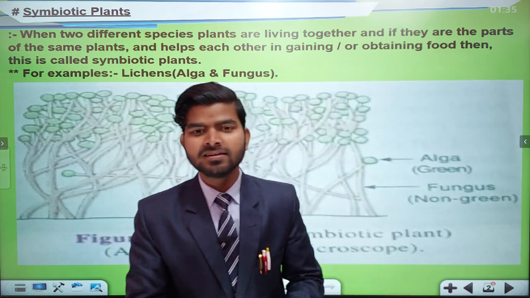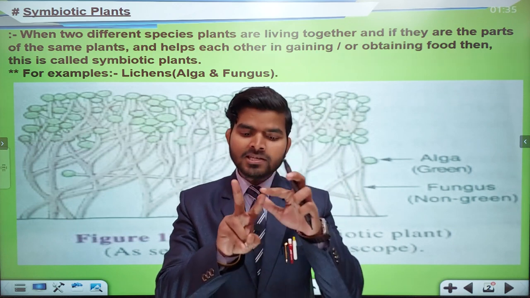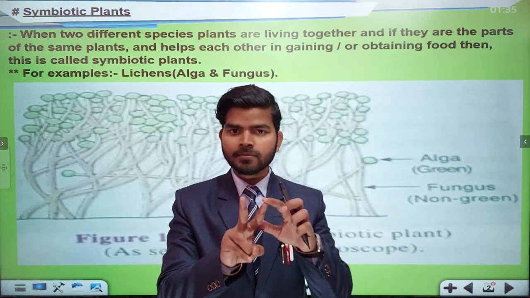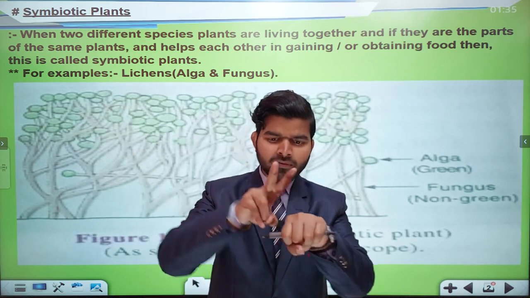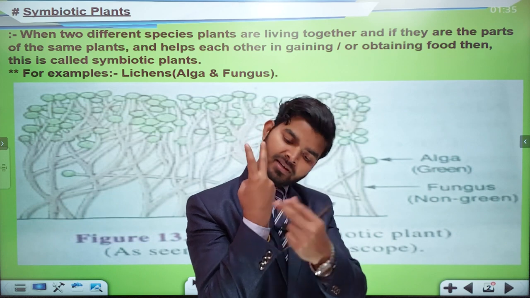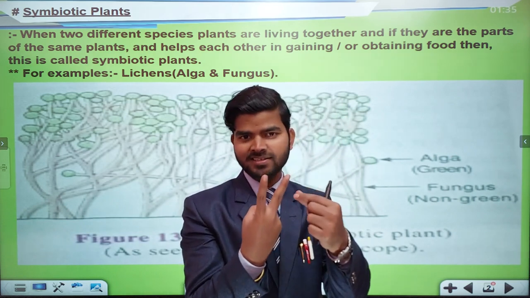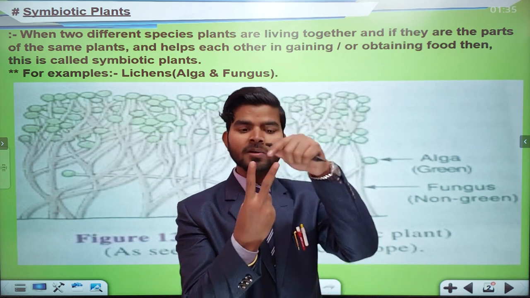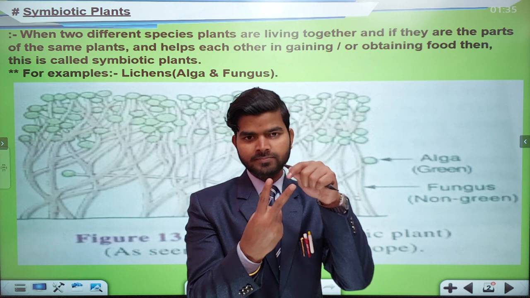Similarly, dear, there must be two different species of plants, but the condition is that they must be parts of a single plant, and both these plants help each other in obtaining food.